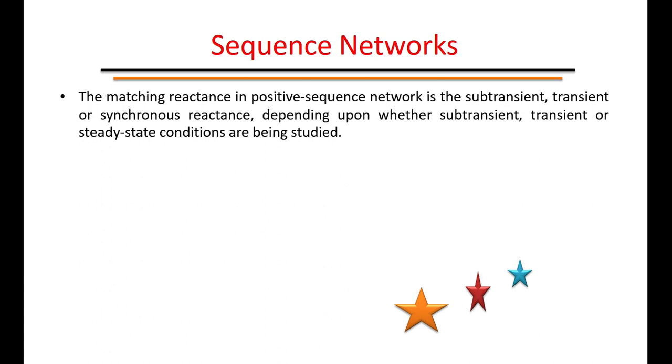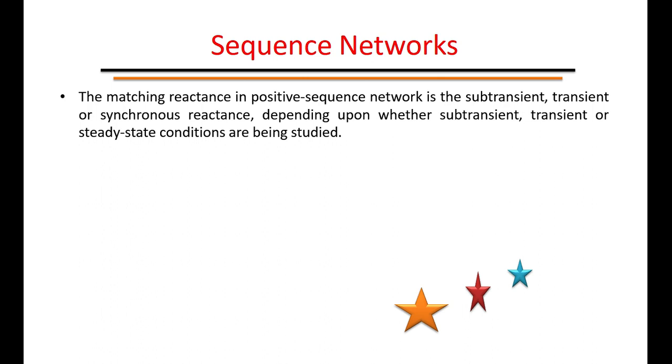Whether you are interested in the subtransient current, that is, immediately after the fault, so that the current is very high. In that case, your positive sequence reactance should be Xd double dash, or subtransient reactance. Then you have to take the subtransient reactance as its positive sequence reactance.